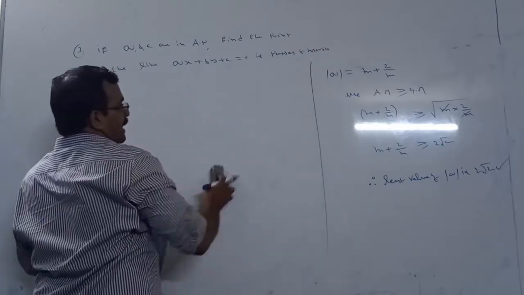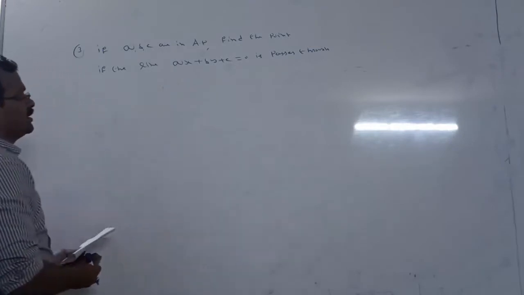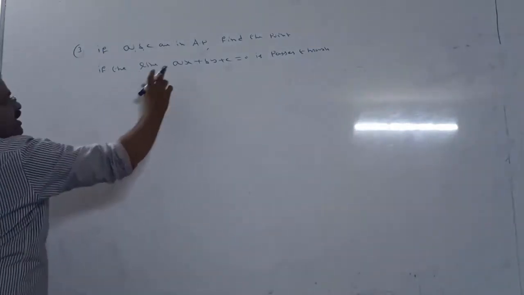So in this question we find the point through which this line should pass.